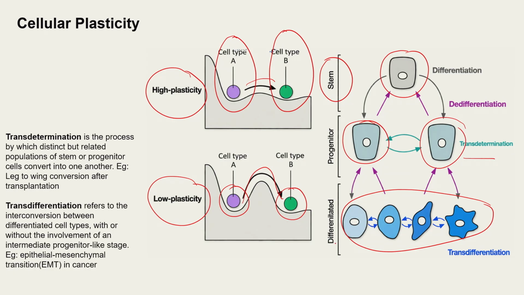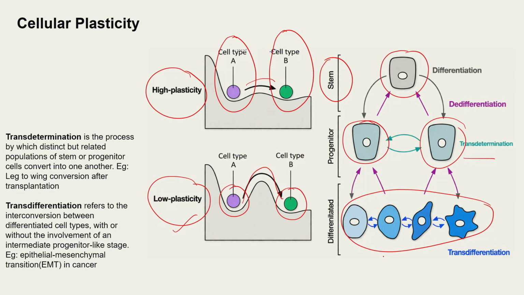So it all depends upon how the energy barrier can be moved from one location to another to change the cell from one type to another. We can understand it with an analogy: if there is high plasticity, the barriers are less, and if there is low plasticity, the barrier is really high. You need to provide really high energy, or the process required is quite cumbersome, in order to change the cell into a different cell type.